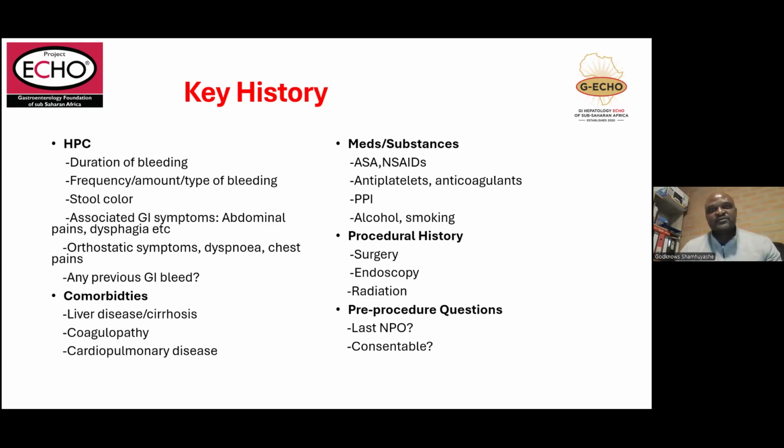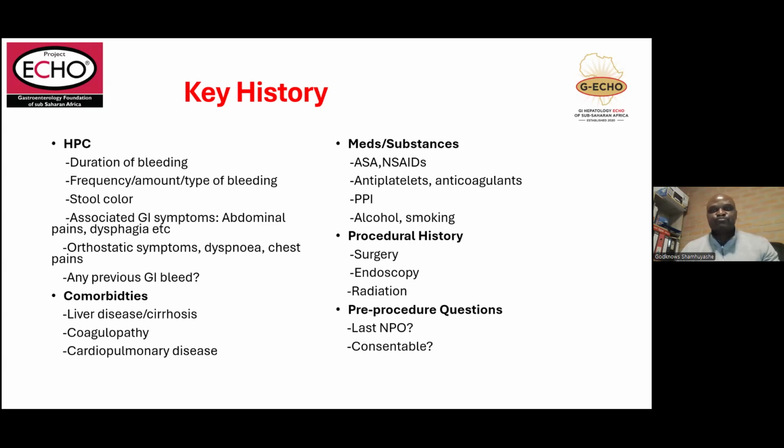The history of medication use is also very important. Some patients will be on aspirin or use NSAIDs, maybe for chronic epigastric pains. Some might be alcoholic and smokers, which puts them at high risk of upper GI bleeding.